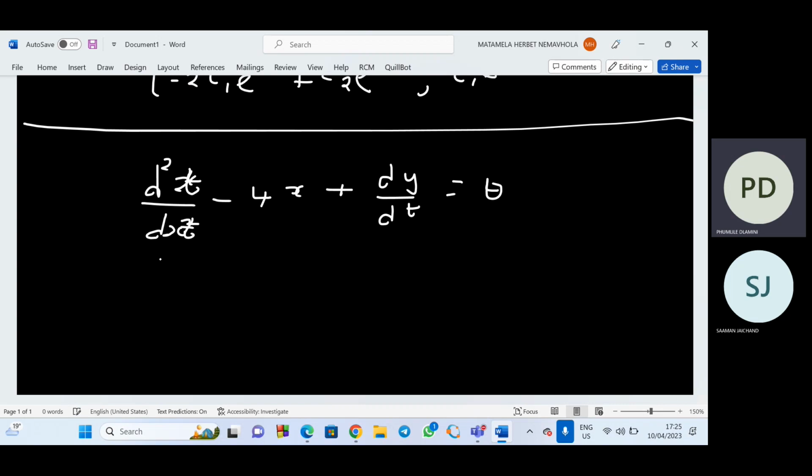It's 4x. So we also have another one, which is d squared y over dt squared.